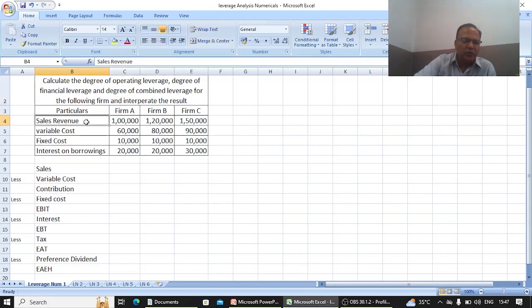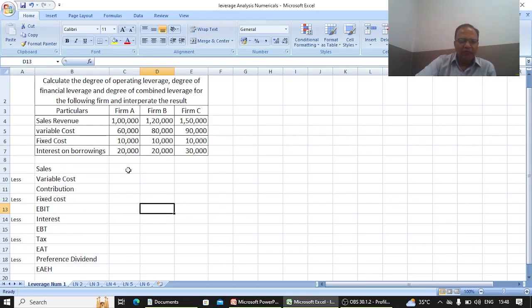This is sales revenue, variable cost, fixed cost, interest on borrowings. Now, whenever we have to solve this problem, first of all, we have to write down this format. After that, we apply the formula.